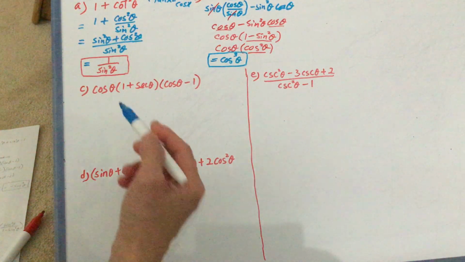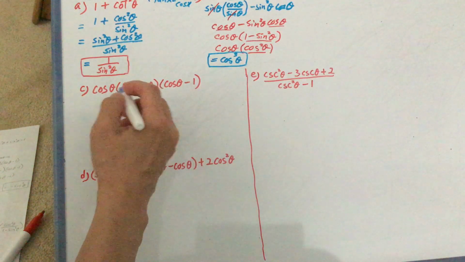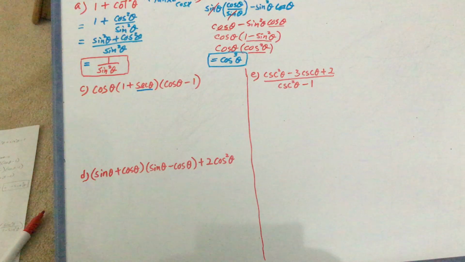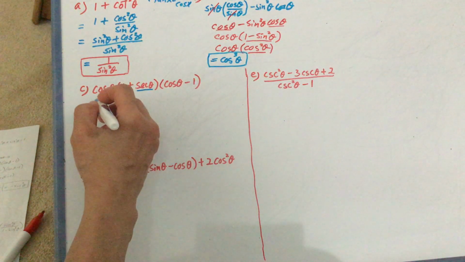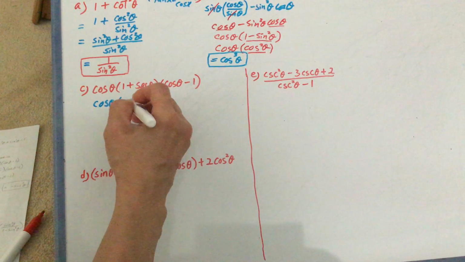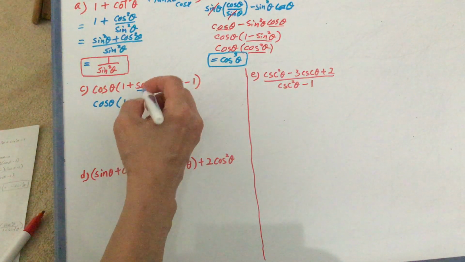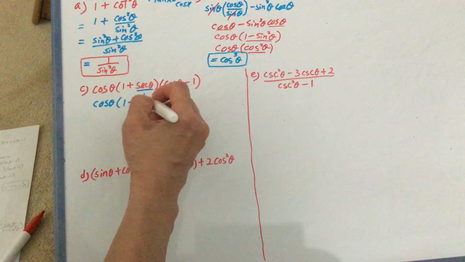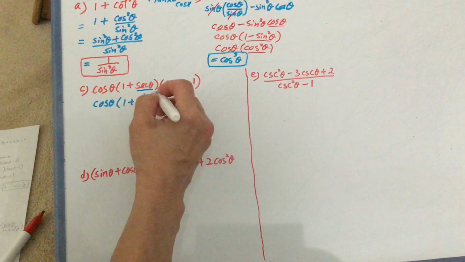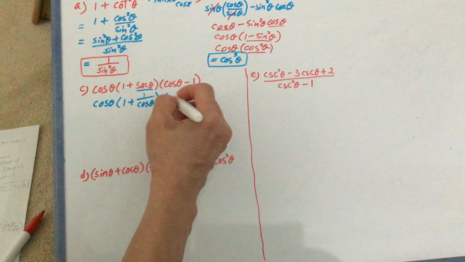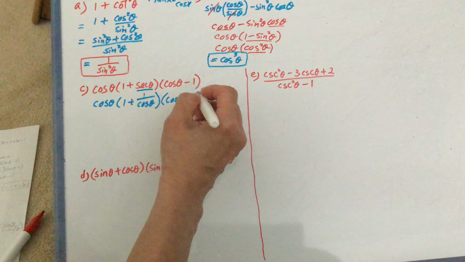First of all, because the only terms here are reciprocals, we are going to convert that back to the primary. So this is going to be 1 plus 1 over cos theta, since secant theta is the reciprocal of the cos, and the same thing over here.